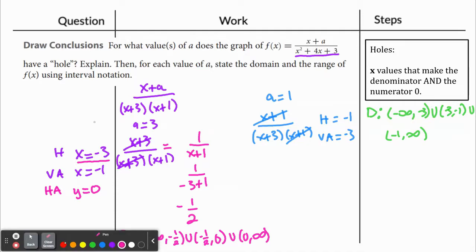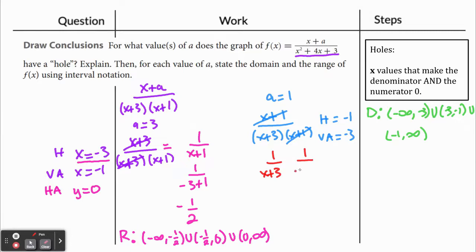Now, for the right side, it's a little bit different because our hole's in a different spot on the graph. In this case, our graph simplifies to 1 over x plus 3, and my hole is at negative 1. So I'm going to plug that in, 1 over negative 1 plus 3, which gives me 1 over 2. So in this case, my y value is not going to be 1/2.